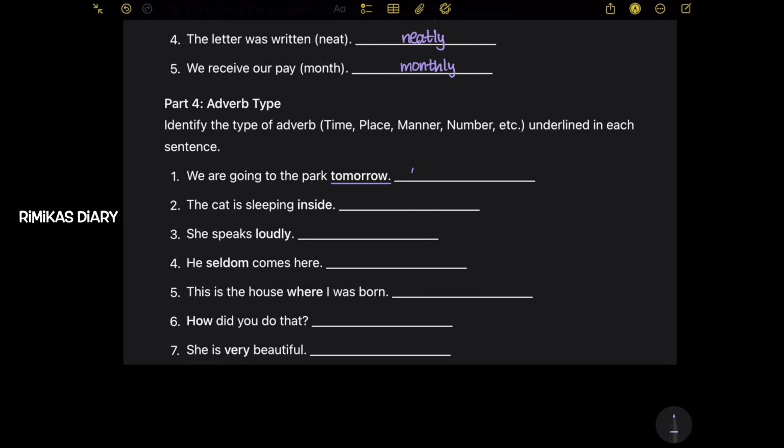Tomorrow is adverb of time. The cat is sleeping inside. So it's adverb of place. She speaks loudly. Adverb of manner.